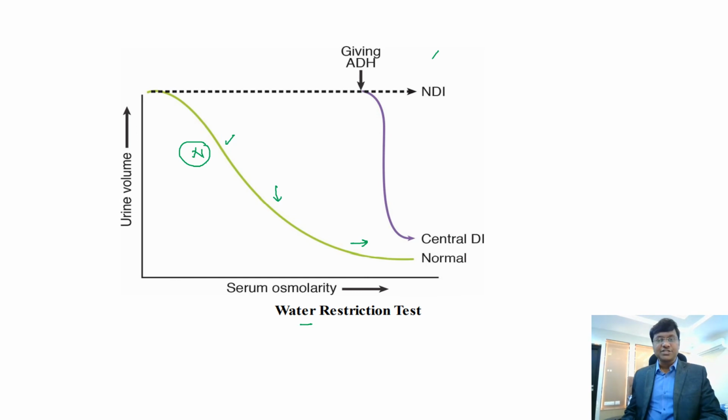But you take patients with central diabetes insipidus. Whenever you give antidiuretic hormone, that is the point when the urine volume starts decreasing. But whenever you give antidiuretic hormone, there is no response in a nephrogenic diabetes insipidus patient.